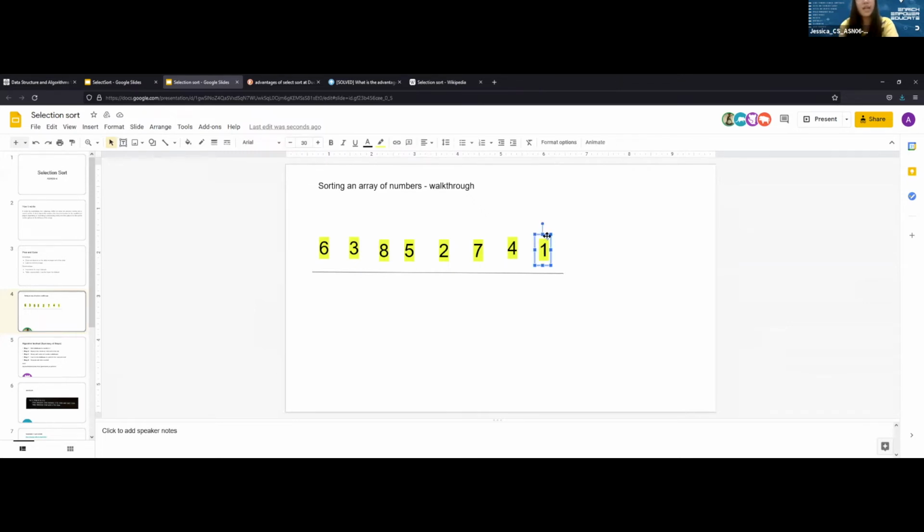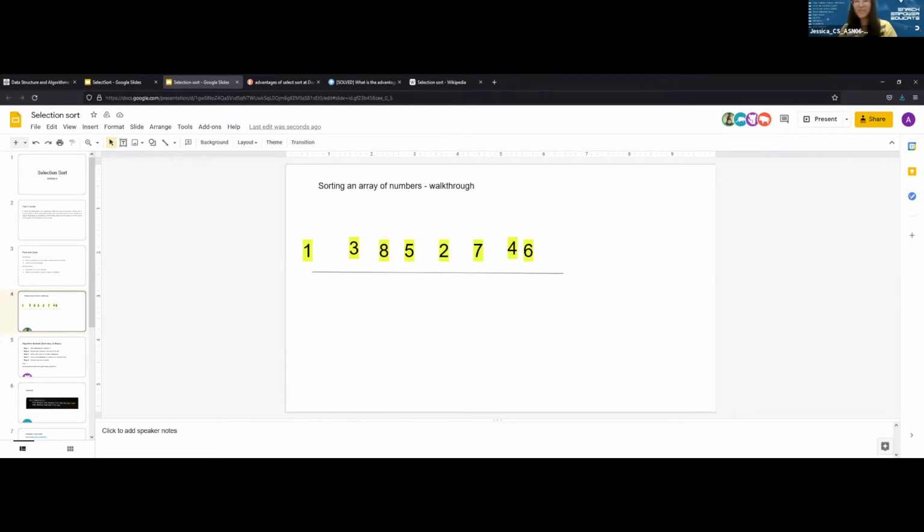Taking that, we're going to swap the number with our first element, and 6 is going to take its place. Basically, that's a rundown of how it works, and the algorithm is going to repeat itself until all of the numbers have been sorted.